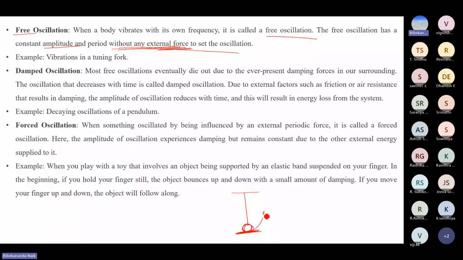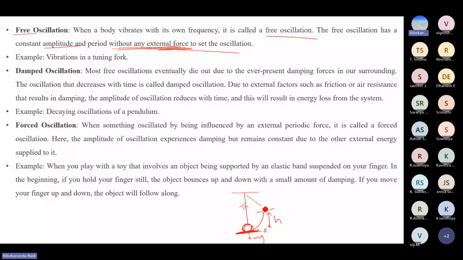If you take it here, suppose this is 0, then it is at some height h, and some energy is stored. When you leave it here, it has some weight mg, and the tension T balances it, so it stays at this equilibrium position.